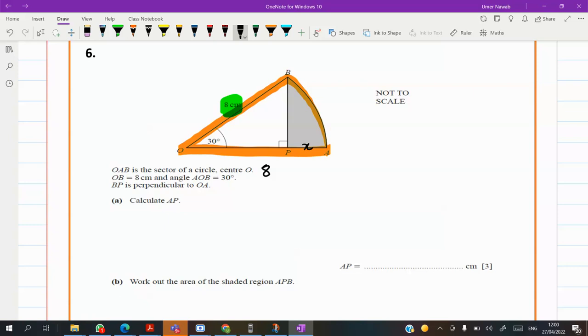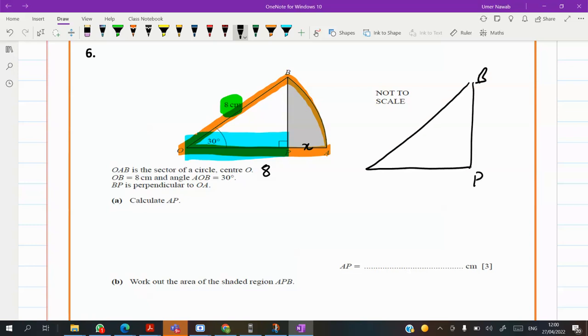Didn't I mention that trigonometric ratios will be very, very important for you in this case? So now I need to find OP. Look, this is B, this is P, and this is O. The guy gives you 30 degrees and this is 8. So OP can be found by using trigonometric ratios.